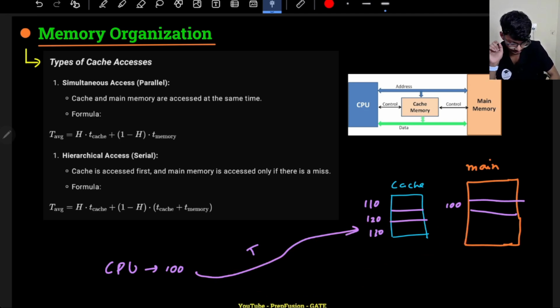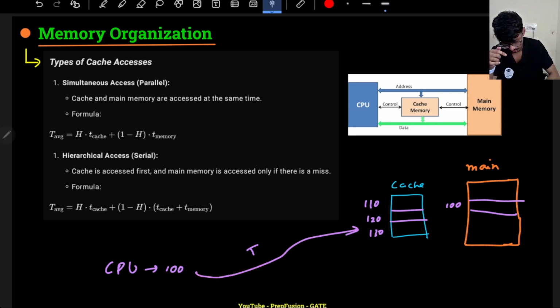Next, if I have a cache miss, like I went to the cache memory and got to know that address 100 is actually not present in it, then a signal is sent to the other guy.